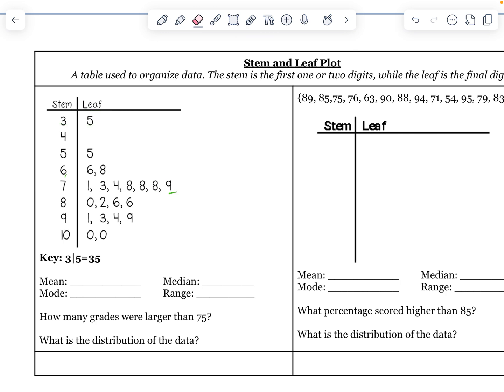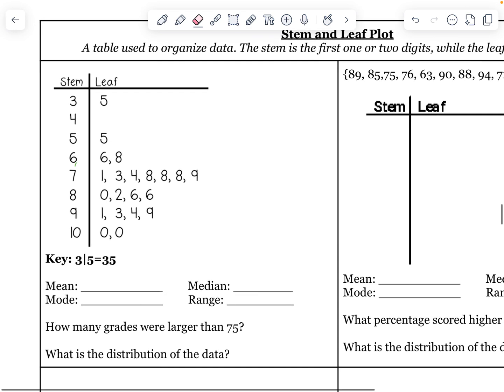All right, so we can find the mean, median, mode, and range. Mean, I have to add them all up and divide by the number I have. 35 plus 55 plus 66 plus 68 plus 71 plus 73 plus 74 plus 80, 78, 78, 78, 79, 80, 82.